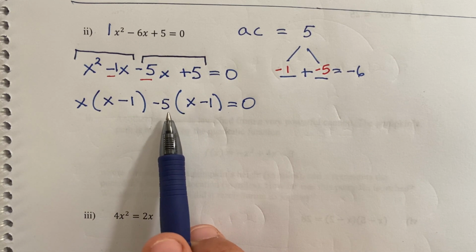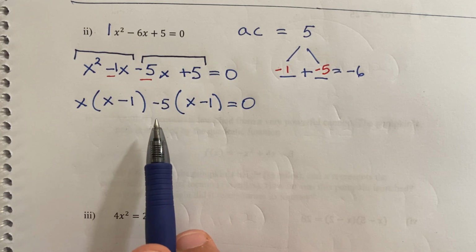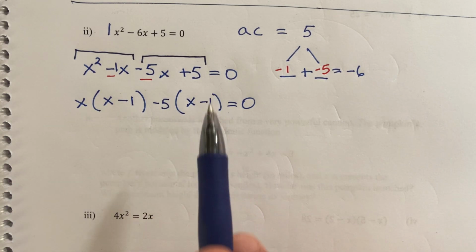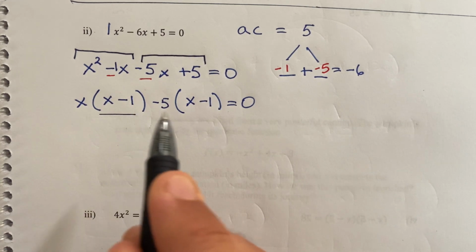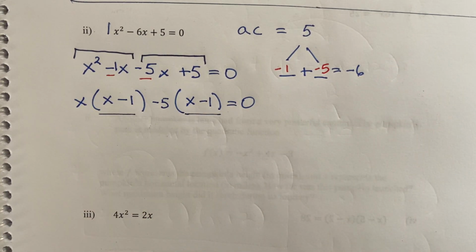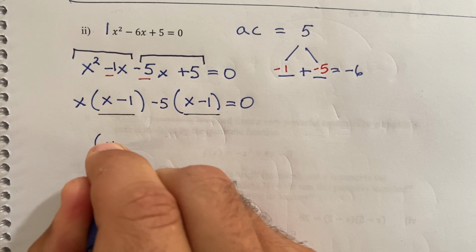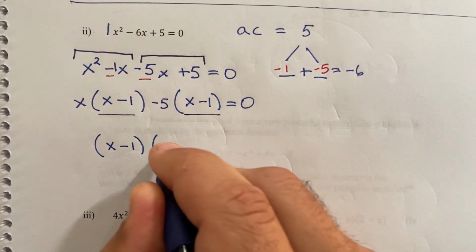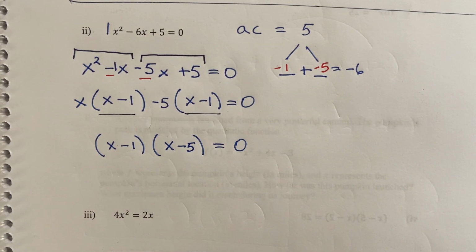Right, x minus 1, because -5 times x is -5x, and -5 times -1 is that +5. So now we factor out this commonality. They both share that x minus 1, so I'll factor it out. And x minus 5 is left behind. This is equal to 0.